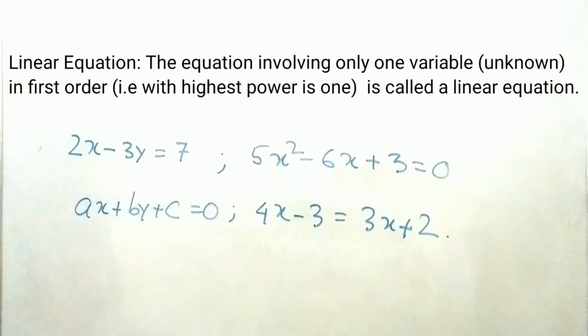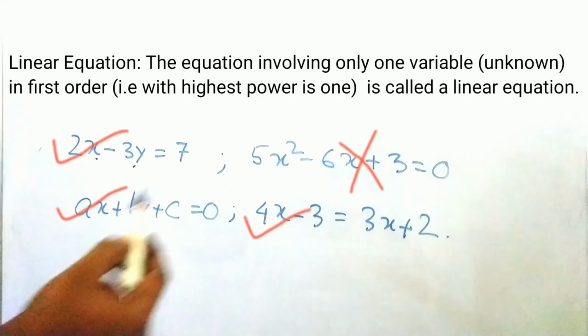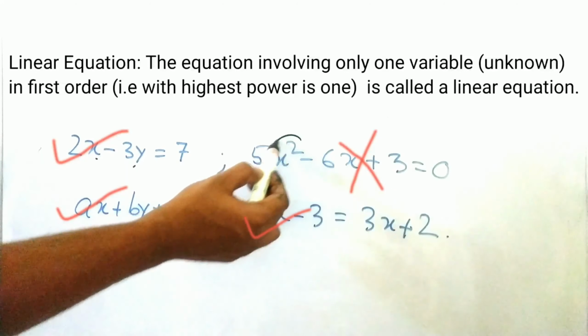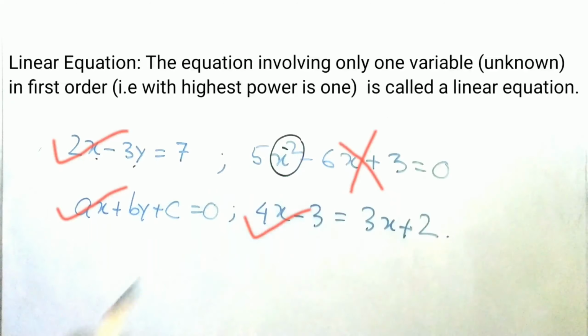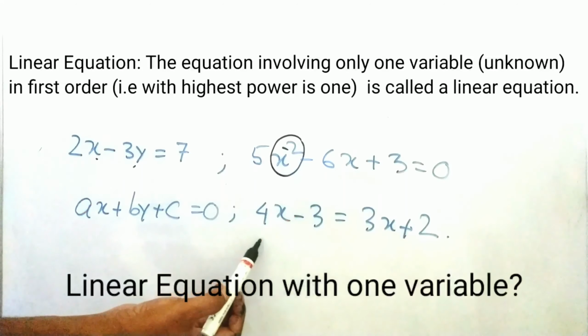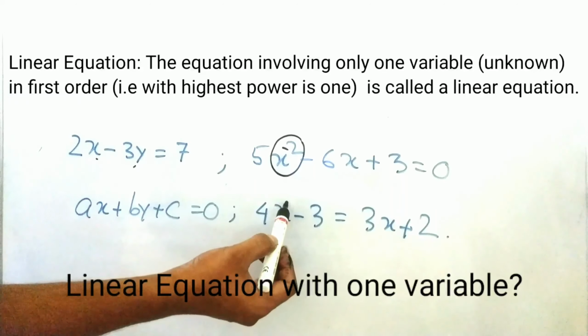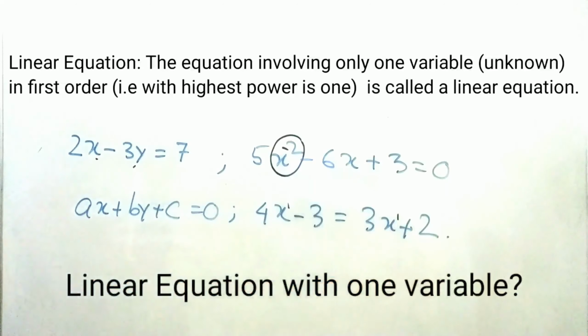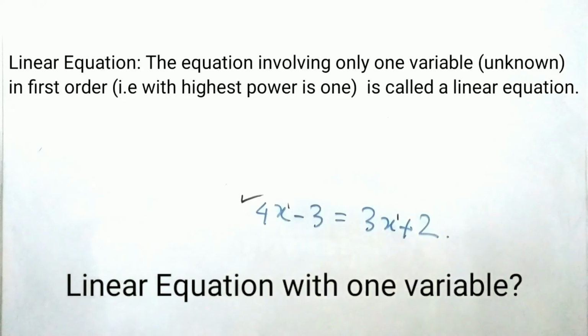The first one has two variables x and y, and here this is not a linear equation because the power is 2, and now this has more than one variable. If I come to this equation, this is the equation with a single variable x and the power is 1. So this is the linear equation with one variable.